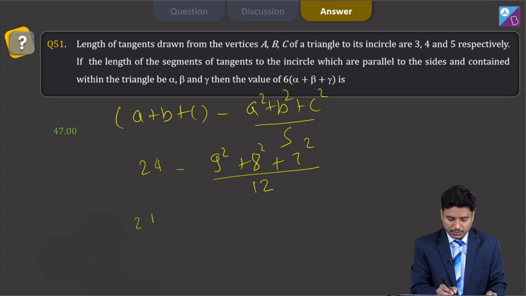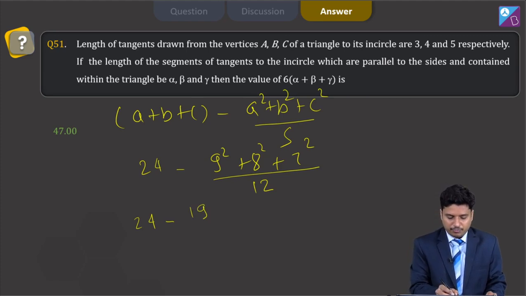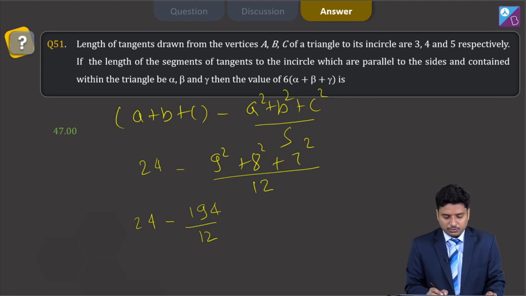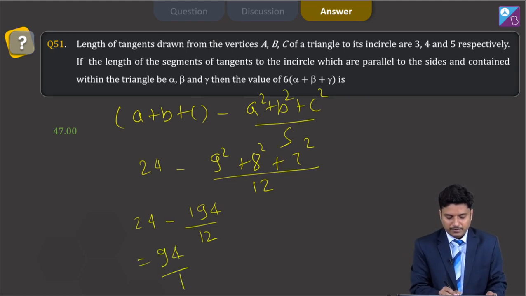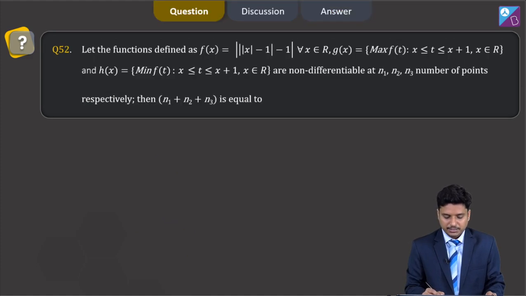So this is coming out as 24 minus 9 square, which is 81, and plus 64, 145, plus 49. So 194 by 12. So this is 94 by 12, and we have to find 6 into alpha plus beta plus gamma, which will be equal to 47. So 47 is the right choice.